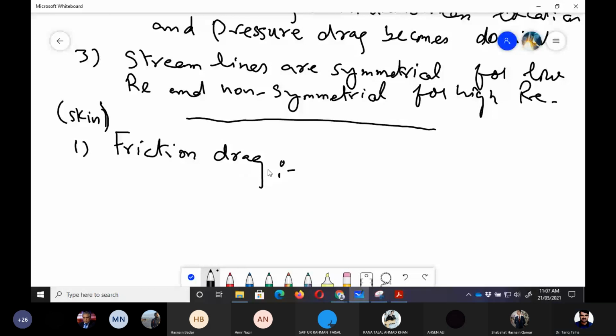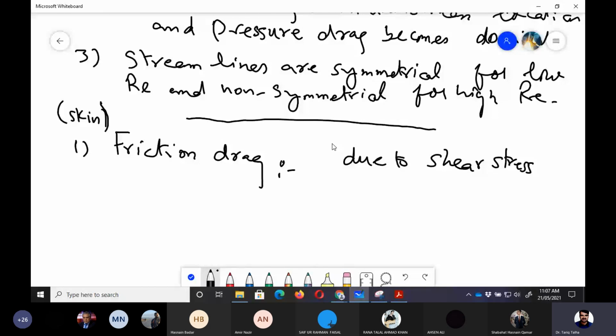Skin friction drag is due to the shear stress acting on the surface, right?